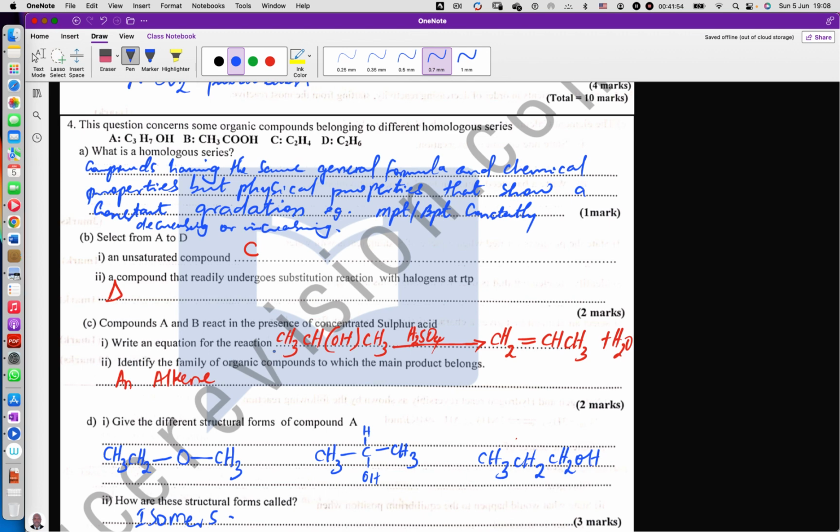Compound A and compound B react in the presence of concentrated sulfuric acid, and in this case, there is going to be what we call esterification.